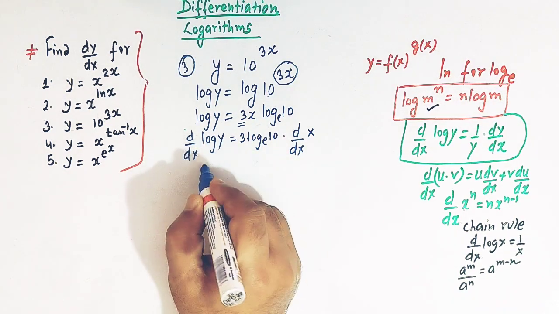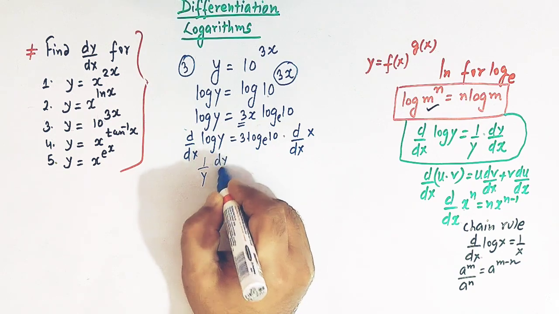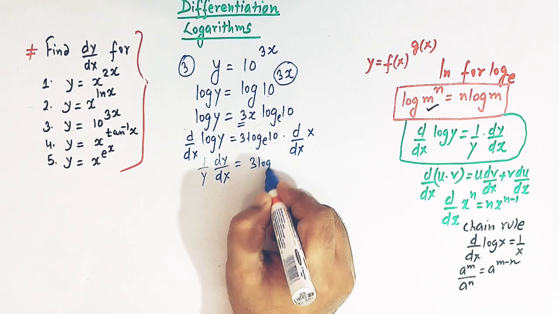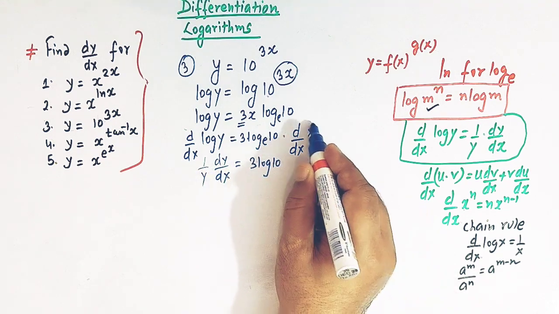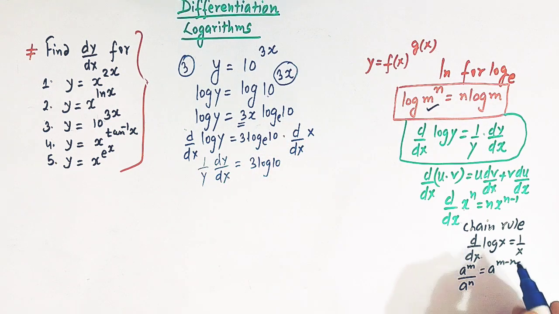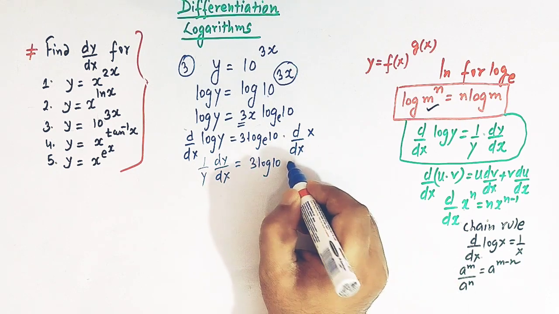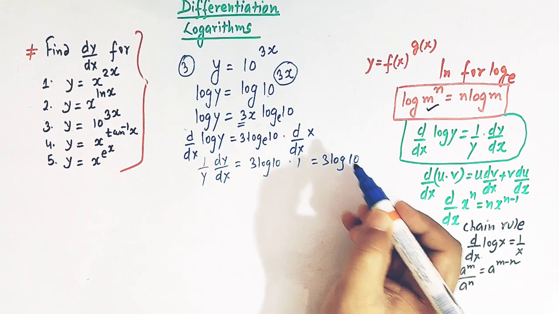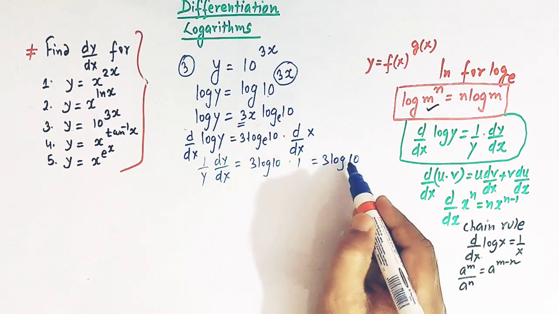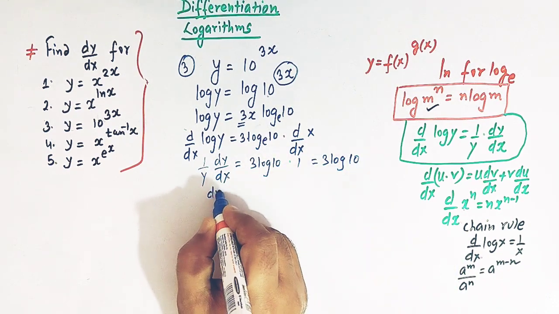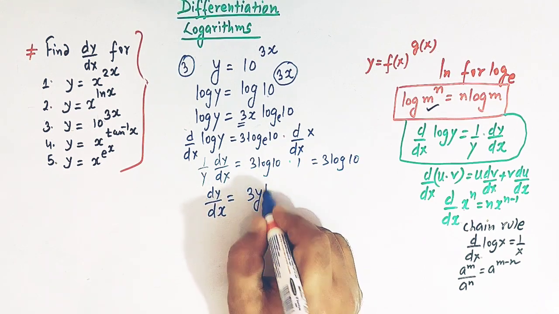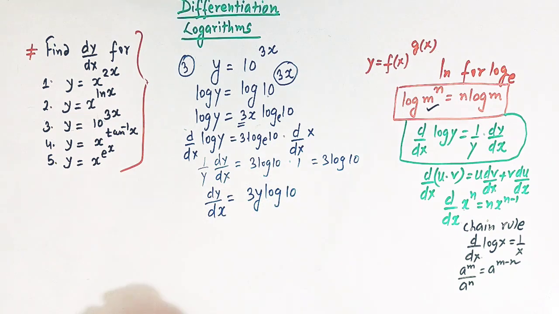So the derivative of log y is 1 over y dy over dx, and here we have 3 log 10, and the derivative of x with respect to x is simply 1. So this is 3 log 10, right? Now taking this y to this side, we have dy over dx, that is 3y log of 10, right?